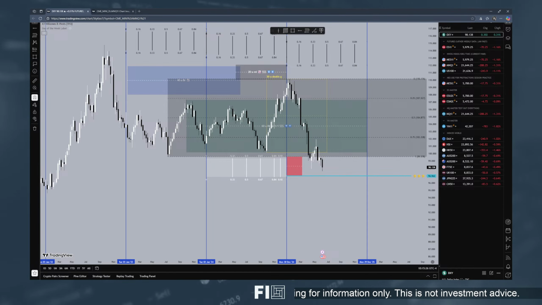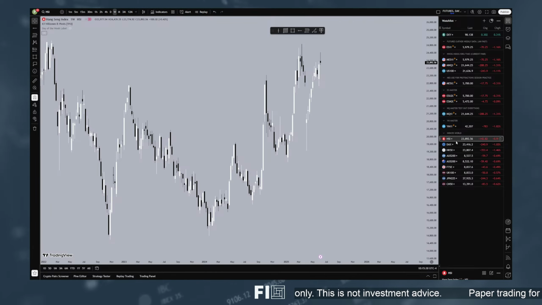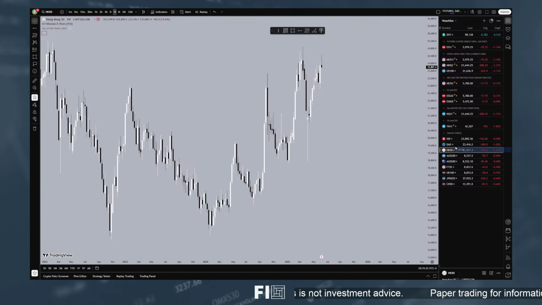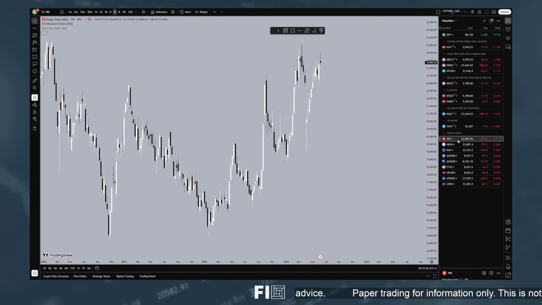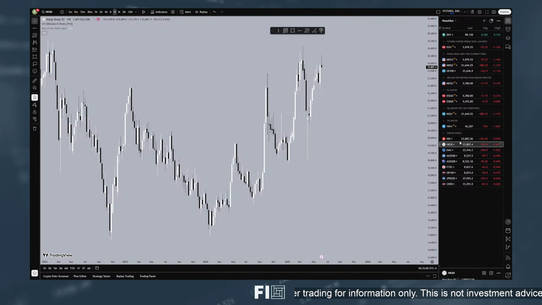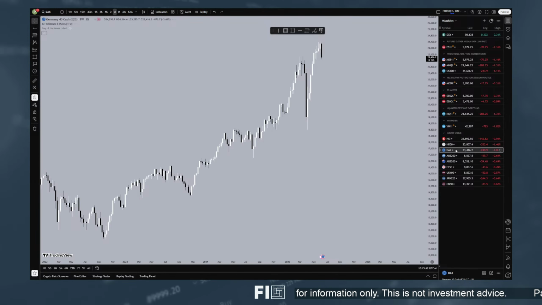Oh, okay, so if it's the same, we'll keep them close together. Bet you one of them is the CFD though. I think this is the index and this is the CFD for Hong Kong.